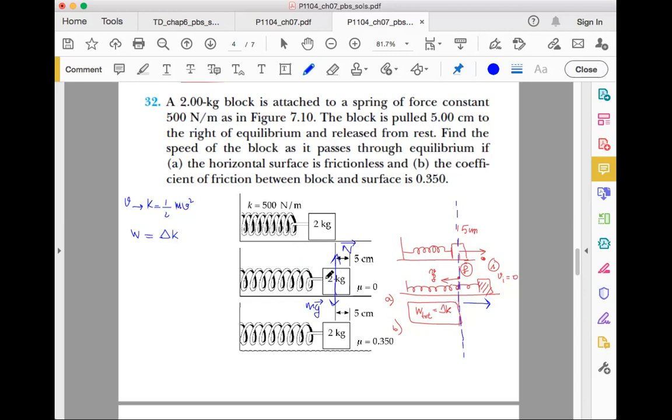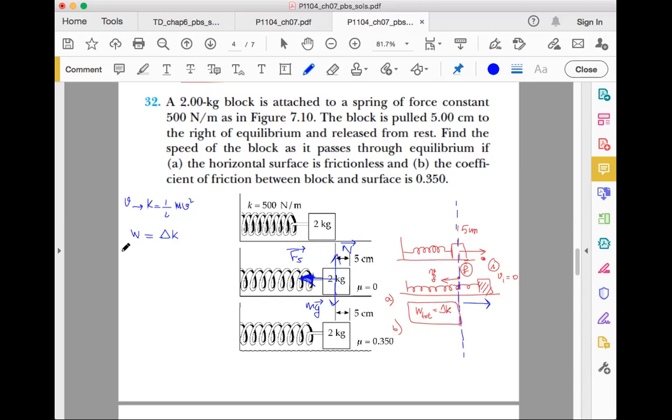And you also have the spring force, which is exerted by the spring on the block, and which always tries to get the block back to its equilibrium position. So this is the spring force Fs. Now the question is, what other forces act on this block? Well, the forces that act on this block depend on the surface. If the surface is frictionless, then these are the only forces acting on it. If there is friction between the surface and the block, then there will also be some frictional force.